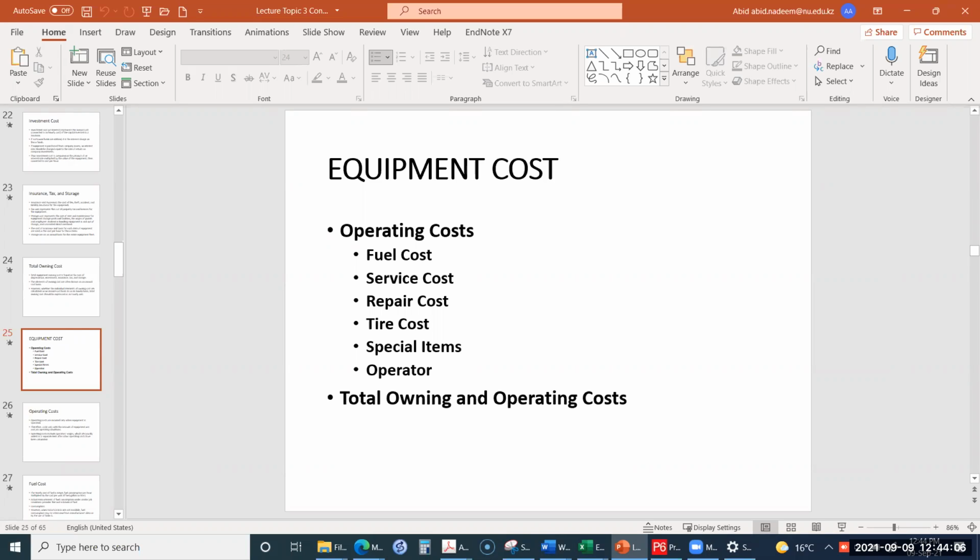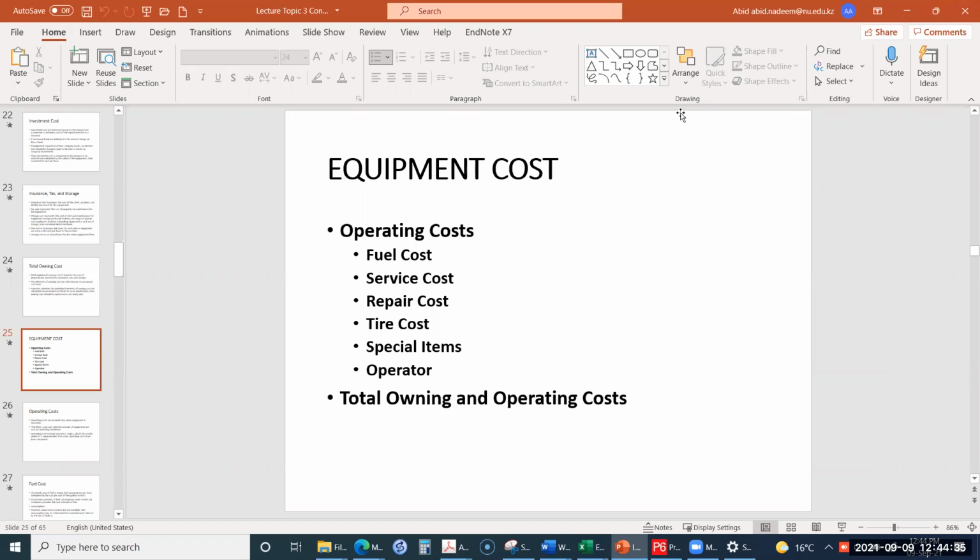Yes, these are the costs which do not depend on the usage of the equipment. You buy the equipment, you keep them, but if you don't use it, we still have to pay those costs on an annual basis. Whereas the operating costs are those costs you only have to pay if you use that equipment.